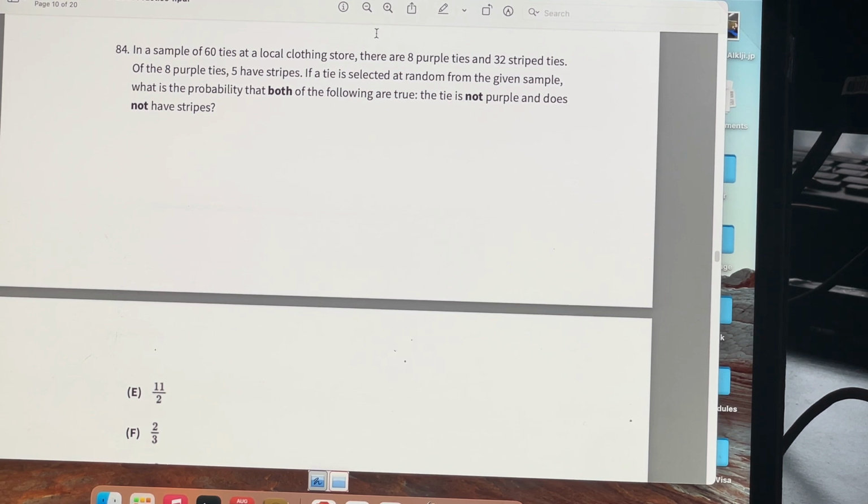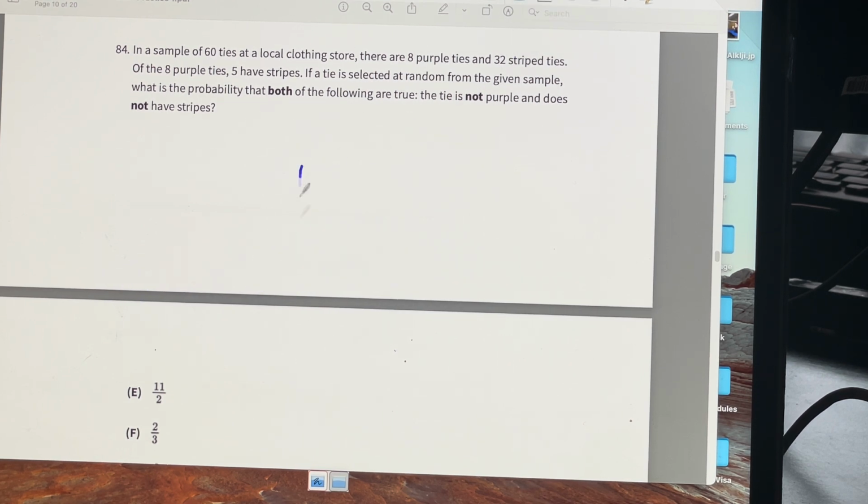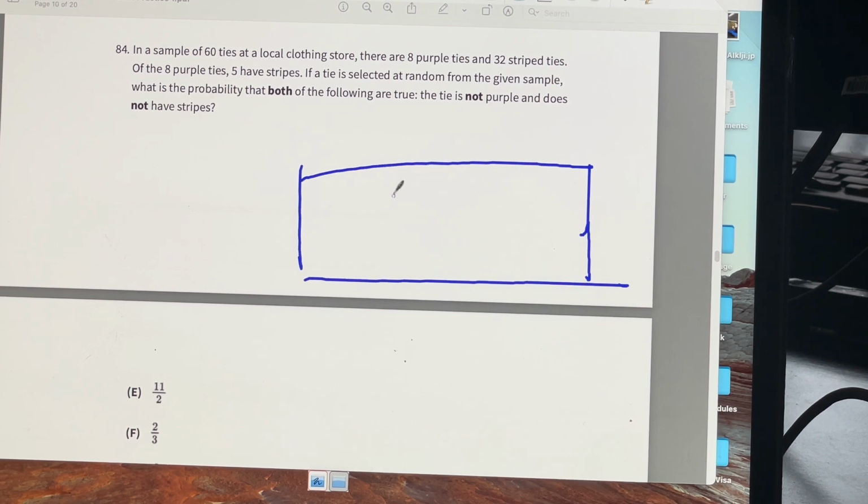Okay, so, and this is where I'm more of a person who needs to see. So hang on a second. Where am I? Instead of writing it like that, there's 60 ties, right?